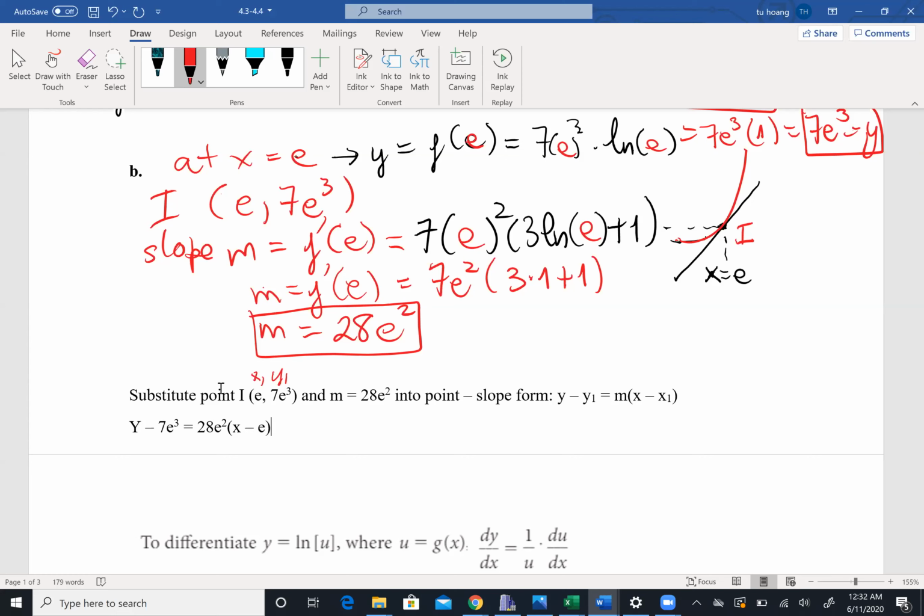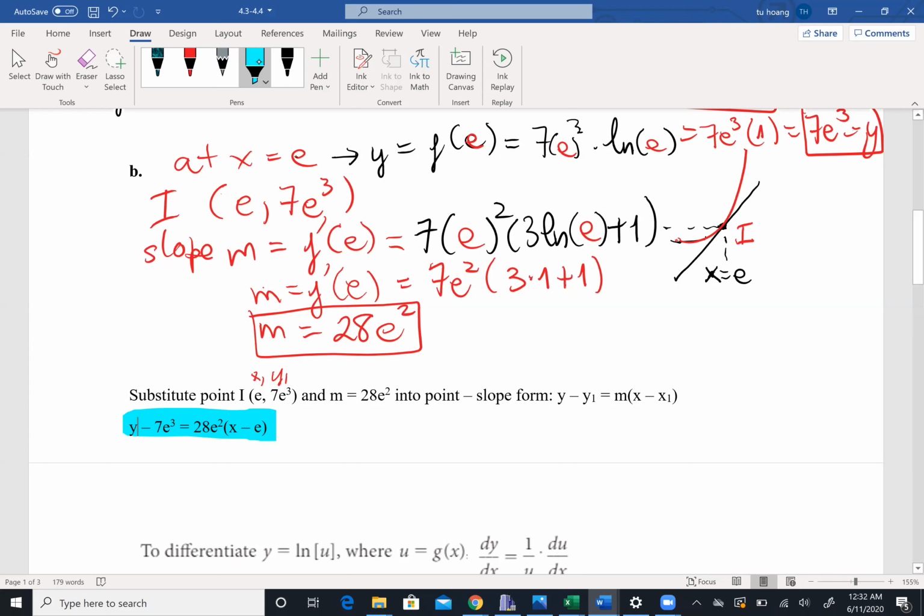Okay, so this should be the tangent line, I mean the equation of the tangent line in point slope form.